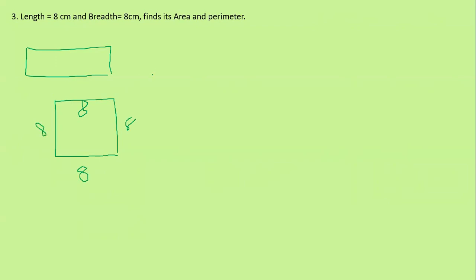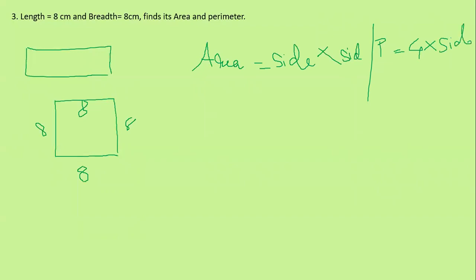All right. So what I know, what is the formula for the area of the square? It is equal to side into side, right? And what about the perimeter? Perimeter P is equal to 4 into side, right?